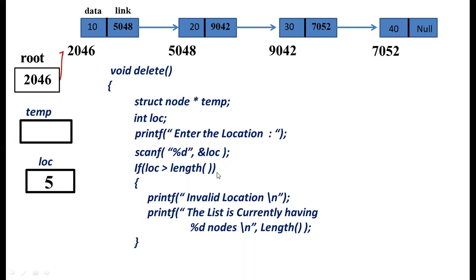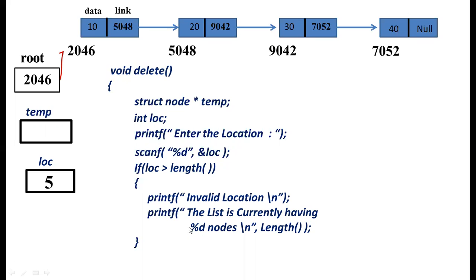Here we are using the length function directly. In this particular case, the location value is 5 and the length function will return the value 4. Since the condition holds, 5 is greater than 4, we simply print invalid location. We also print the message saying the list is currently having %d nodes.